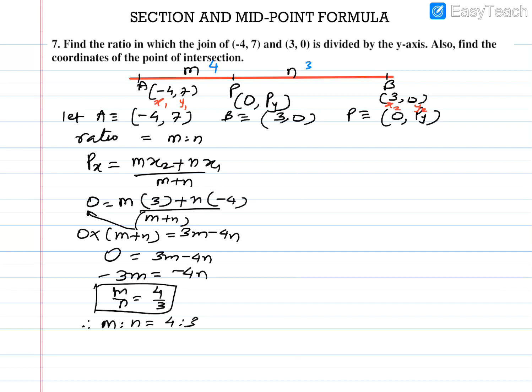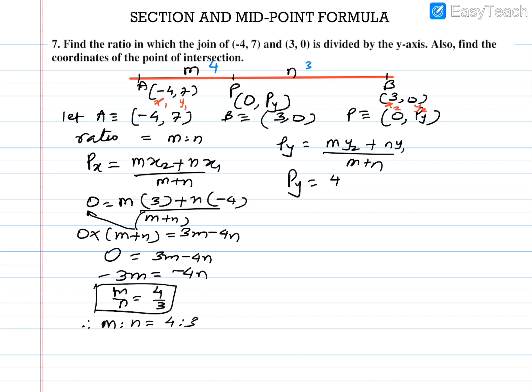Now we have to find the coordinate of y, because they are asking to find the coordinate of the point of intersection. So first I will write Py will be equal to (m y2 plus n y1) upon (m plus n). Py will be equal to, now m is known as 4, into y2.